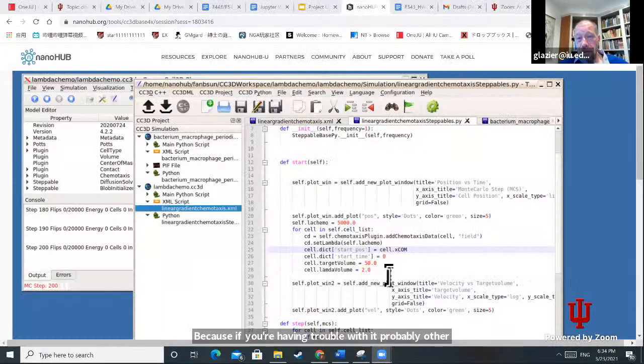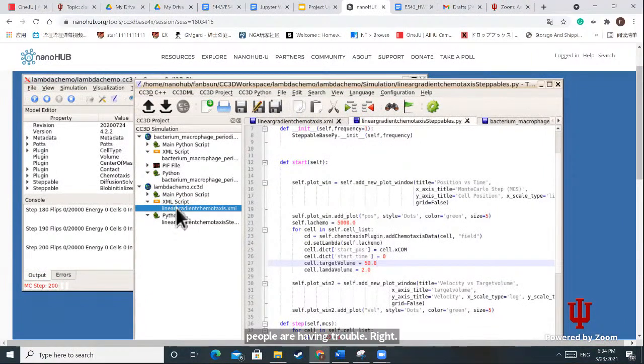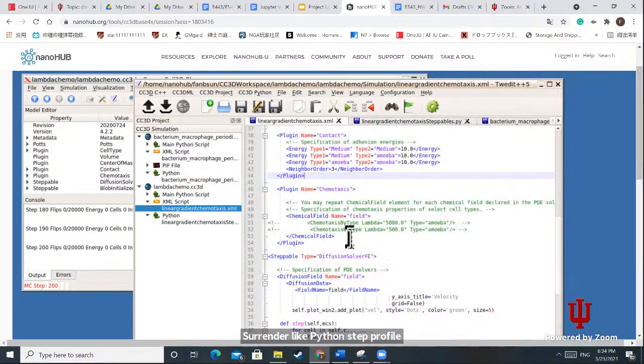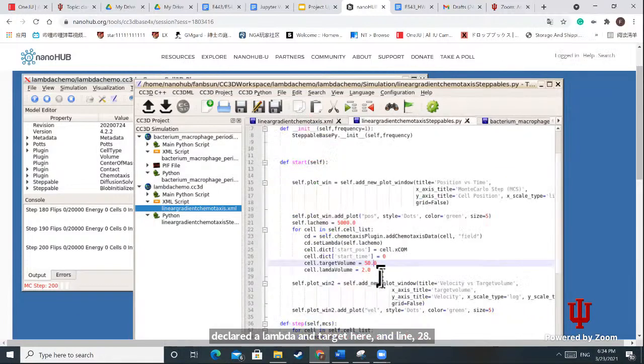Yeah, I think I specify it in the Python step file. So let's take a look. Why don't you screen share? Because if you're having trouble with it, probably other people are having trouble. So in the Python step file, I declare the lambda and target here, on line 28.